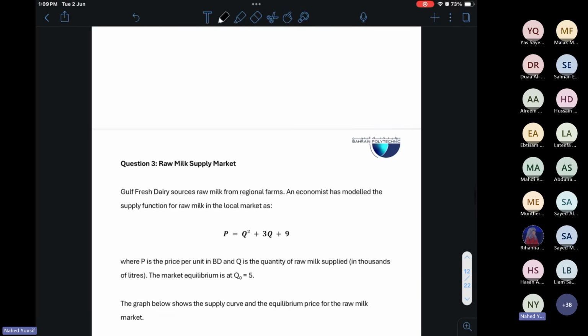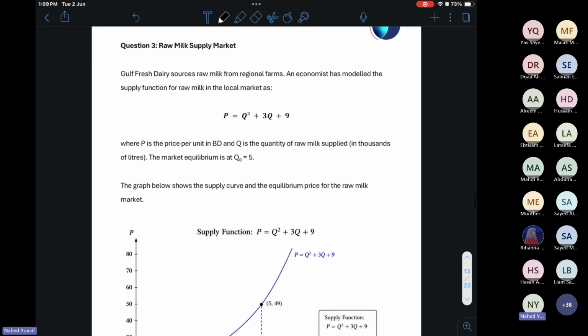We have a raw milk supply market, the Gulf for fresh dairy resources, regional farm, and economics has modeled the supply function as P equal Q squared plus 3Q plus 9, where P is the price per unit in BD and the quantity is in thousands. The market equilibrium is at Q naught equal to 5.